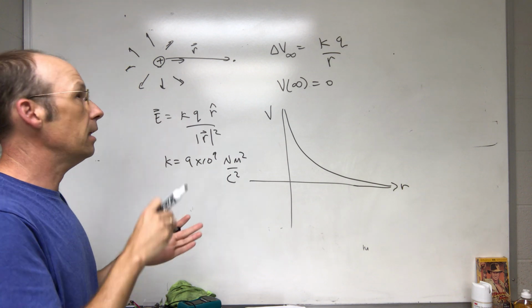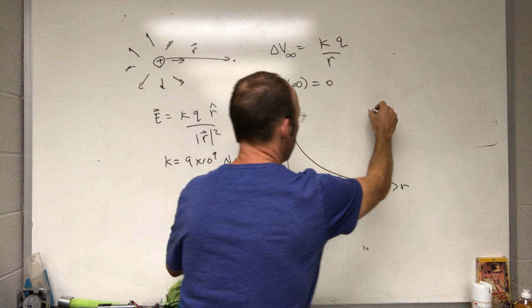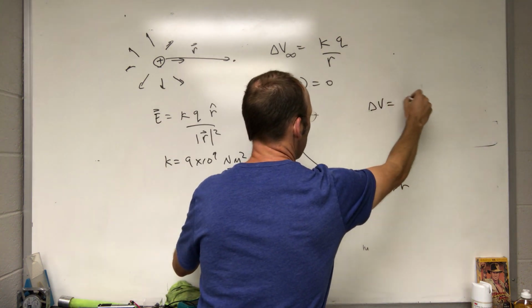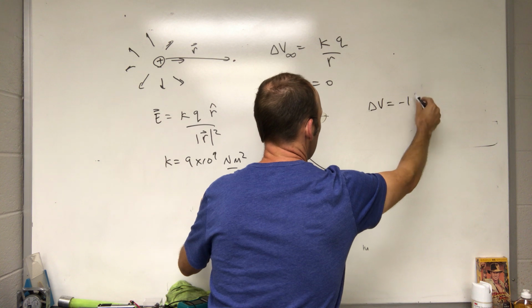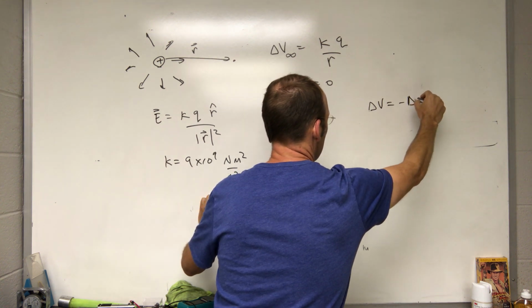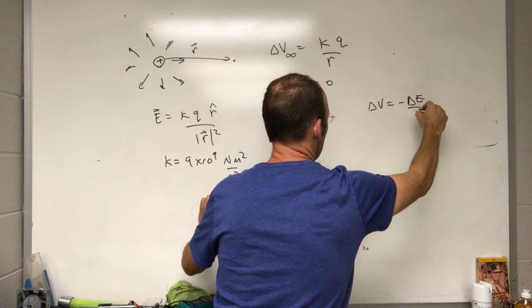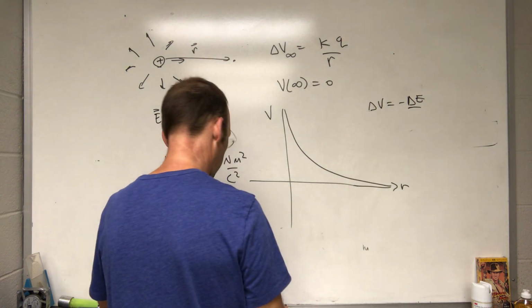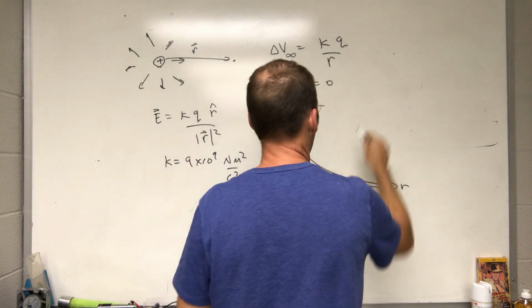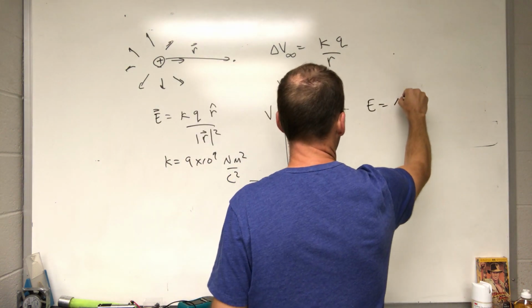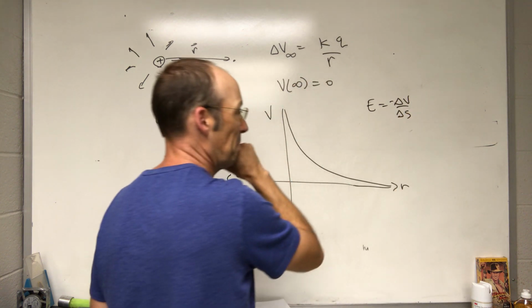Looking at my earlier definition for constant electric field, I'm going to write E equals negative delta V over delta S.